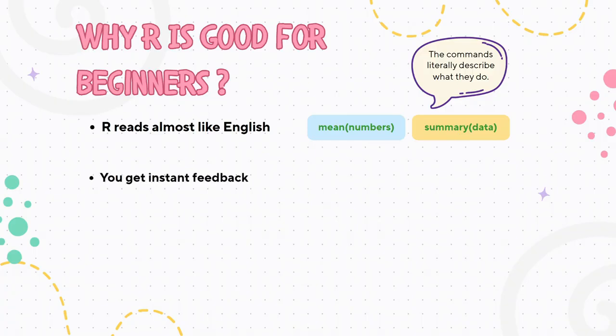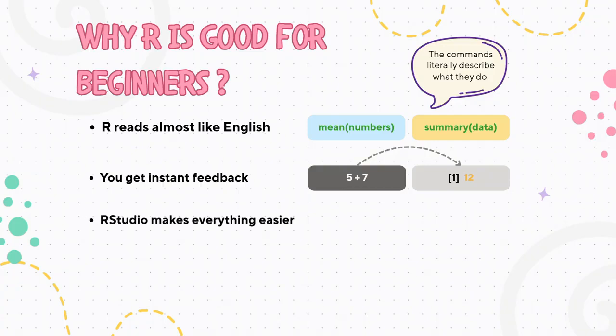Next, you get instant feedback. You type something into the R console or the R script, and R prints the results immediately. You understand what happened, and it's a great learning loop. Next, RStudio. RStudio makes everything easier. RStudio is the editor that we'll be using, which gives you buttons, panels, tabs, and help menus that make learning less overwhelming.